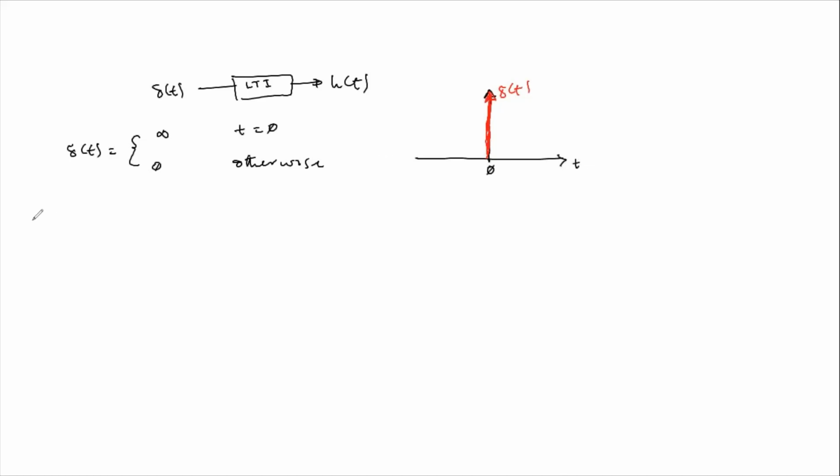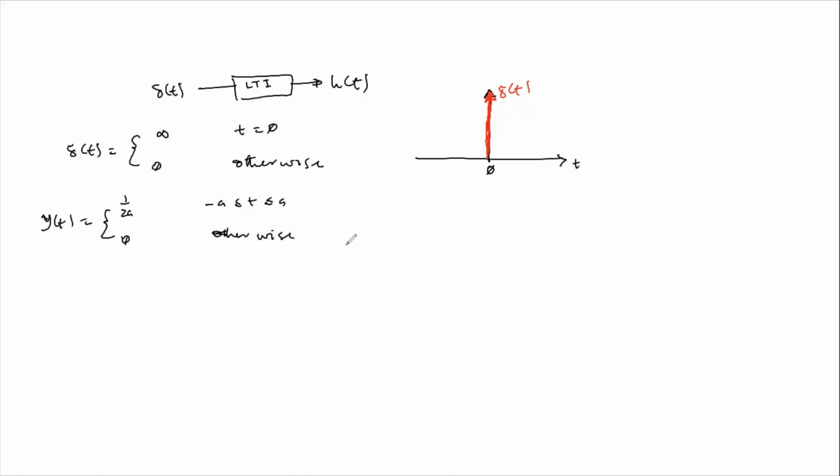So how is that? Let's try to show you the proof. Let's assume y of t is given as 1 over 2a for values ranging from minus a to a, and 0 otherwise.